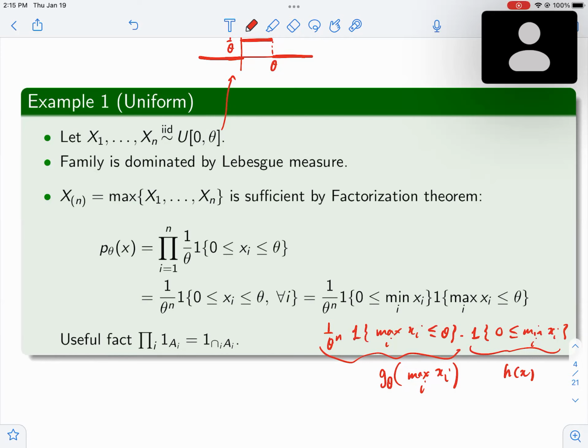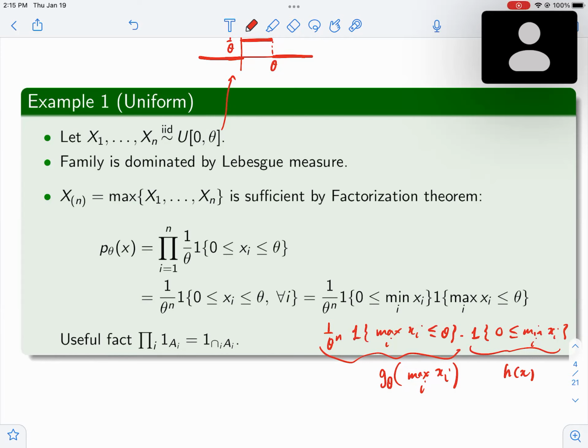So here, for example, the summation is not. If you take the average, you lose information. Actually, we haven't shown that that's not sufficient, but you can guess that if you have the sum, you can't recover the maximum. Now we'll see, actually, there could still be something which is sufficient and has less information.